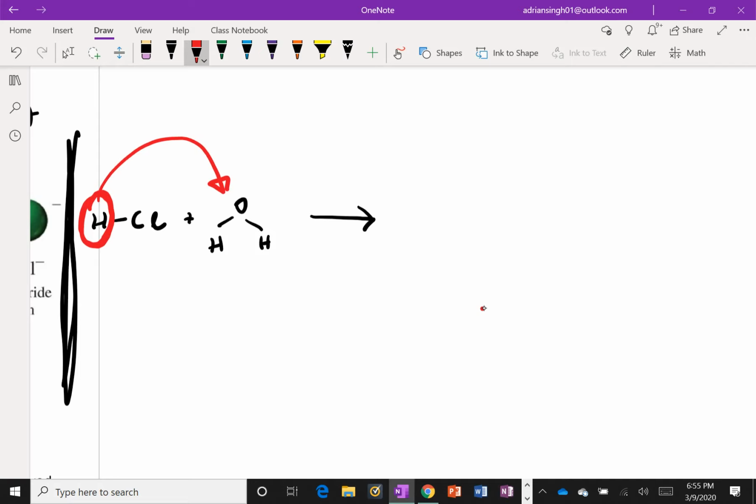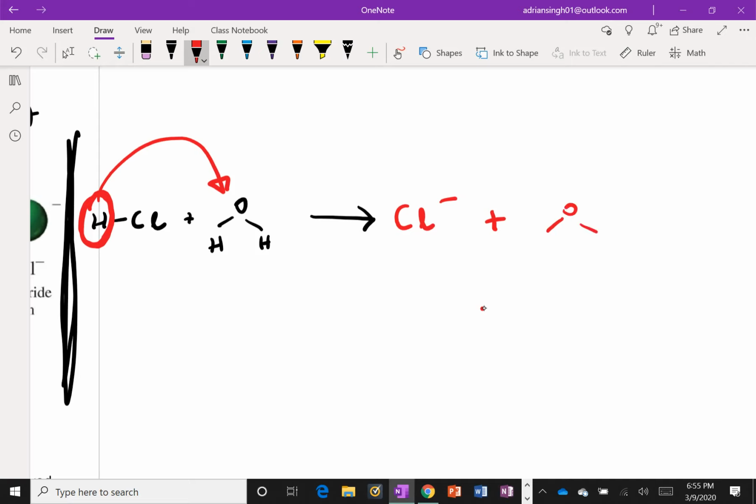So if I take away an H plus from this, what do I end up with? What does this become when I remove an H plus? I end up with Cl, which is now going to have a negative charge, right? So we end up with Cl minus. And then what would form if I stuck an H plus onto the water?